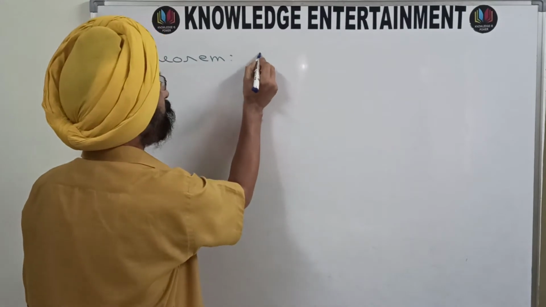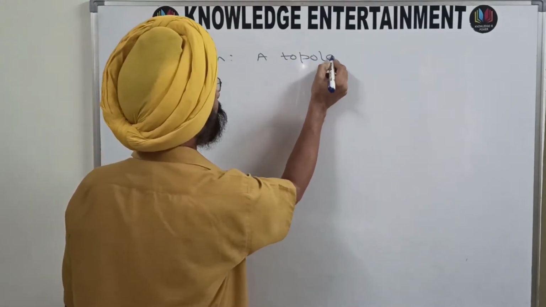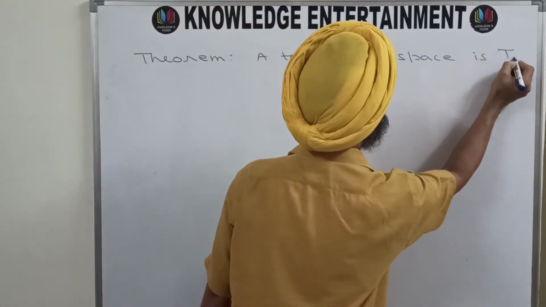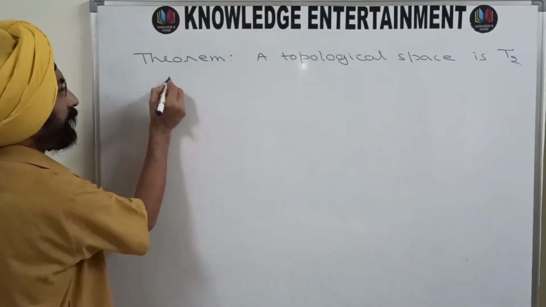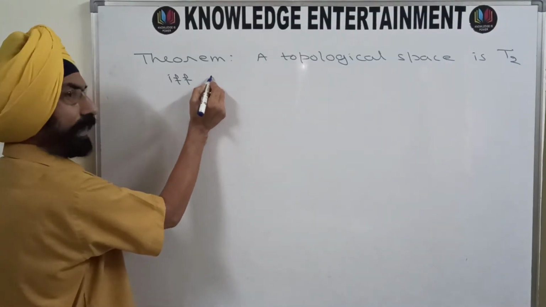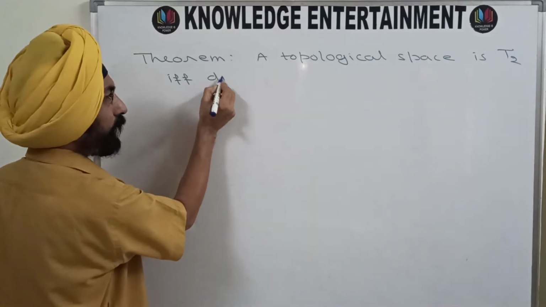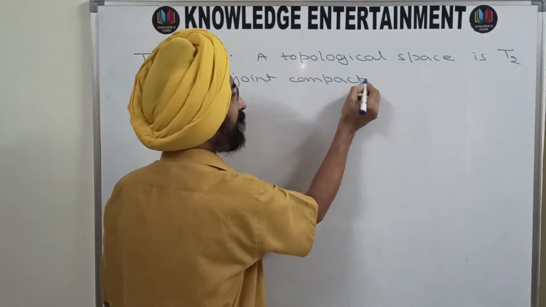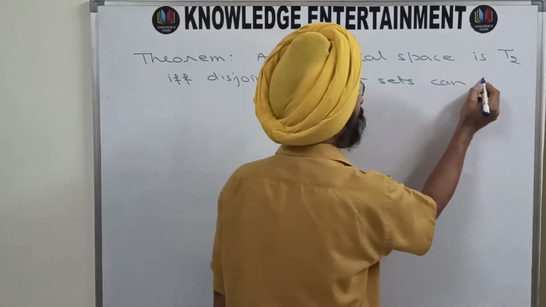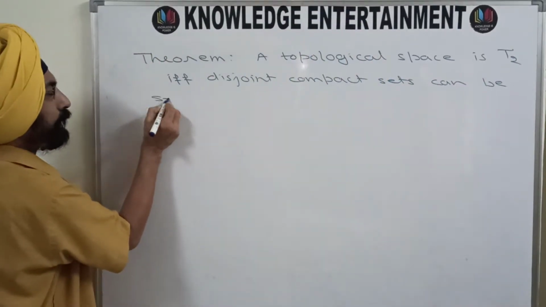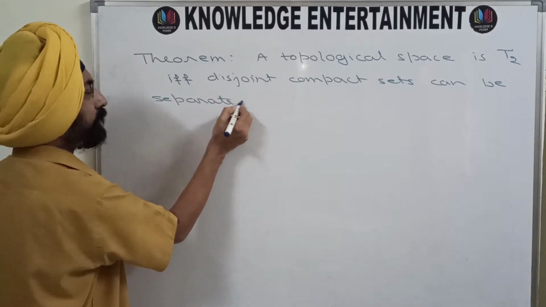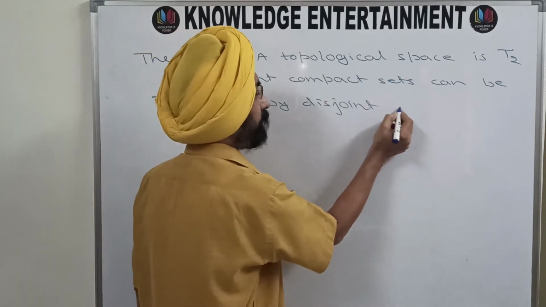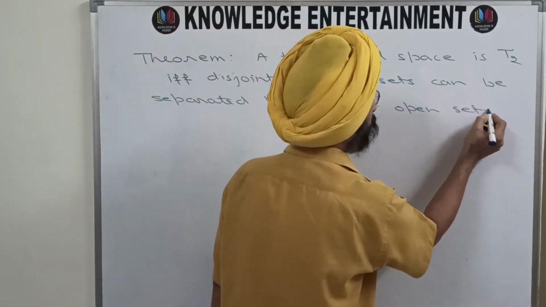The theorem is: a topological space is T2, that means Hausdorff, if and only if disjoint compact sets can be separated by disjoint open sets.